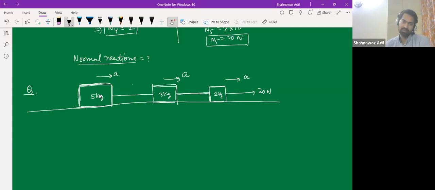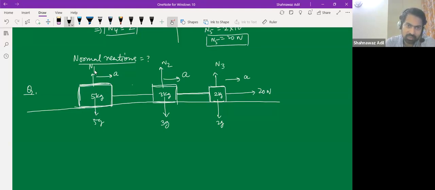You have this 5g and this normal, and this 3g and this normal, and this 2g and this normal.